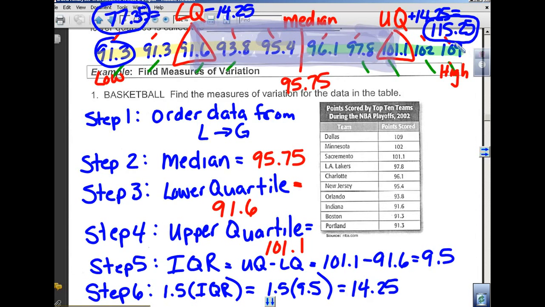And if your high number falls between this number and this number, it's not considered an outlier either. But let's say we had 120 in our data set. By the technical definition, 120 would be an outlier. If we had, say, 80 in our data set, by the technical definition, that would be an outlier also.